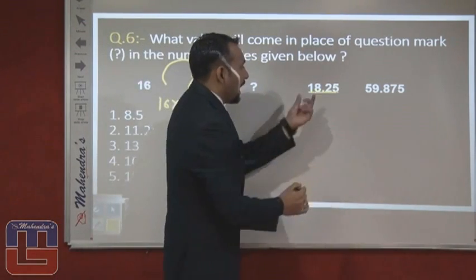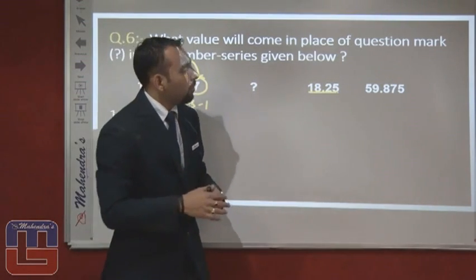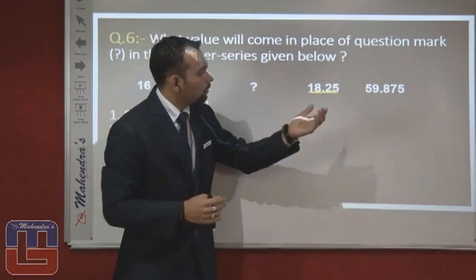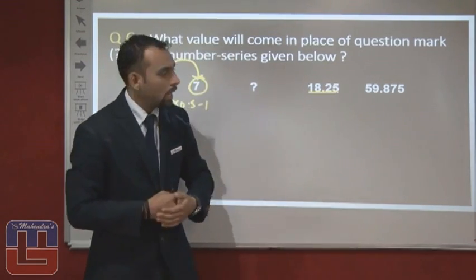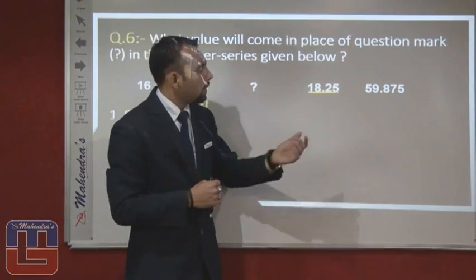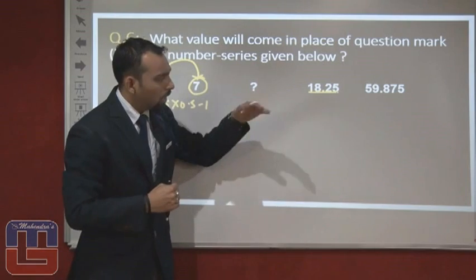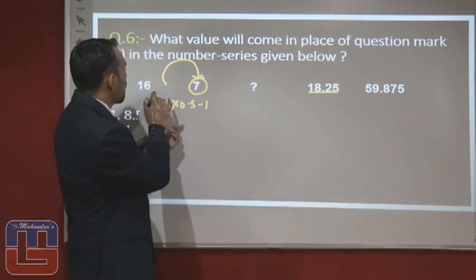We know that if 18 is multiplied by 3, we will get something near 54, and if we multiply by 4, we will get 72. That means this is 0.5.